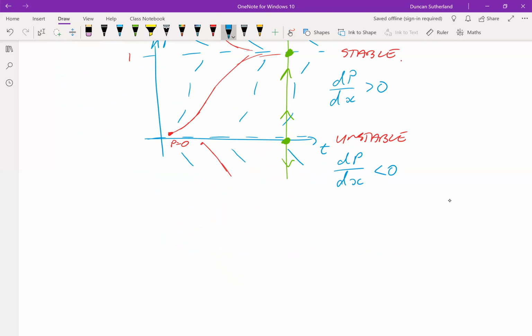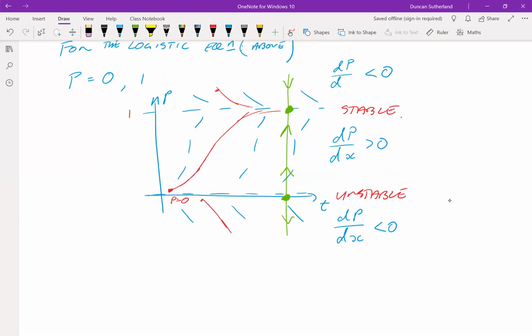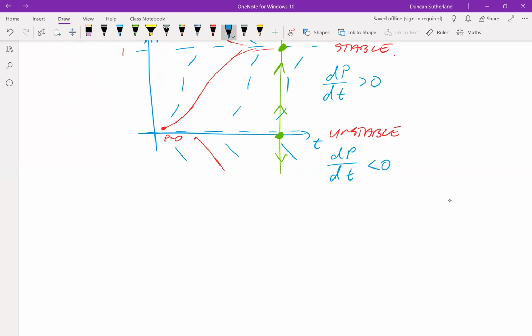We work out where dP/dt is positive and negative, and that's actually really easy.